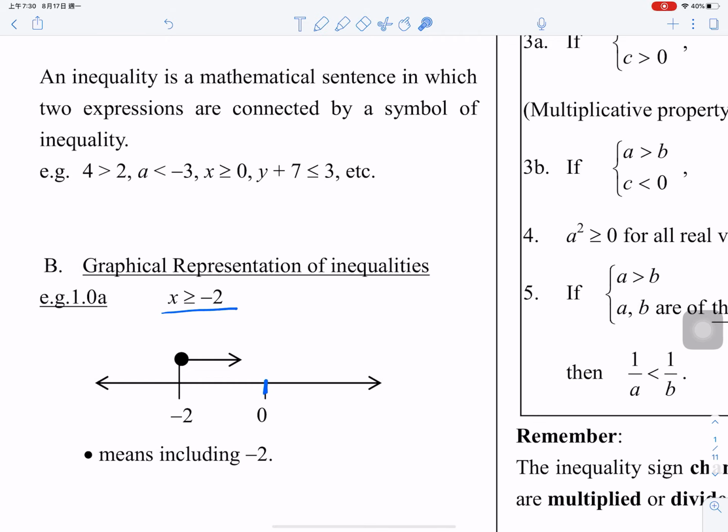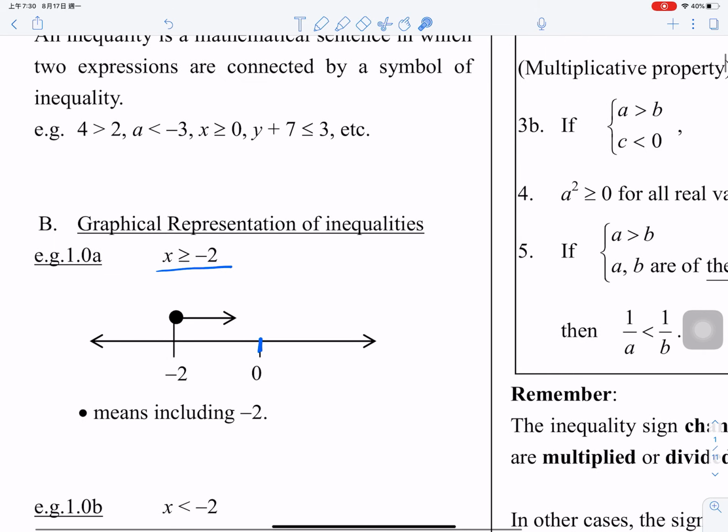And then greater than or equal to. So here we'll have an arrow, and we'll fill up this circle. You can blacken this circle, that means equal. Also equal to -2 and greater than -2. Okay, that one means including -2.